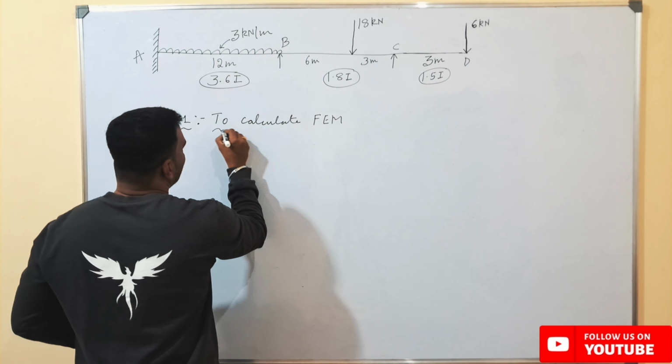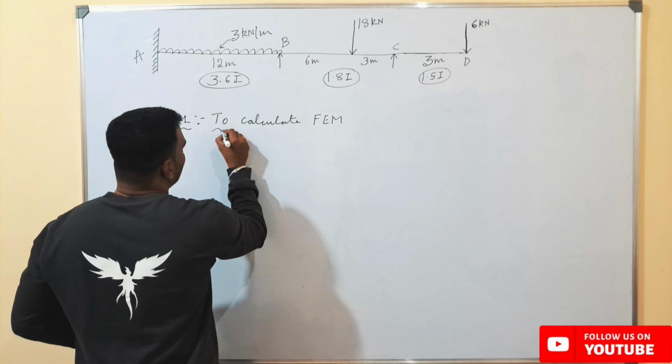W here is 18, so minus 18, and the distance A from point B is 6 meters and B is 3 meters. So 6 into 3 square divided by the total span L square, that is 9 square, which will be equal to minus 12 kilonewton meters.